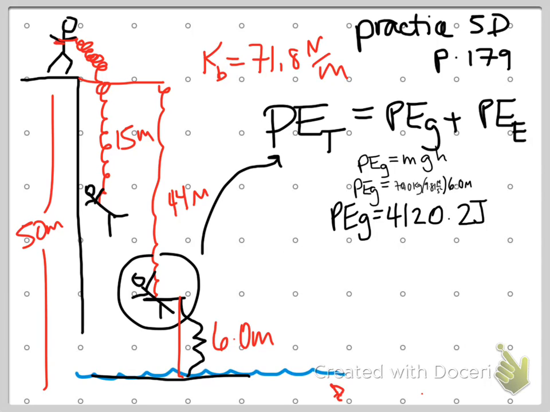So at the point when this person is at the bottom of the bungee cord, we say that they have a potential energy due to gravity of 4,120.2 joules. How many sig figs do we have? 3? Is it 50.0 and 44.0? So 6.00. Well, the 6.00 was my error because they actually give you 50.0 and 44.0.